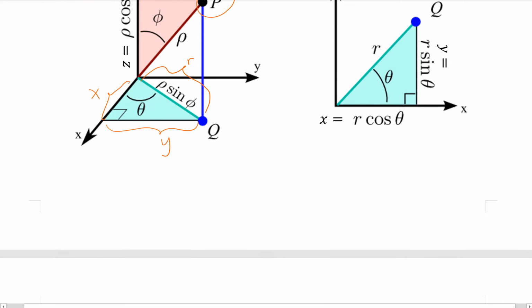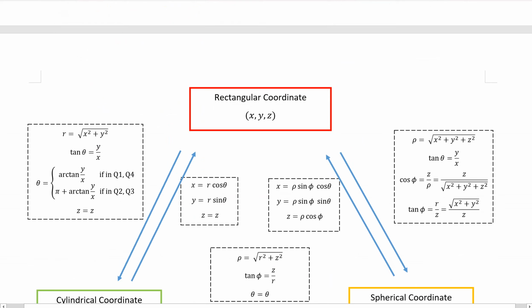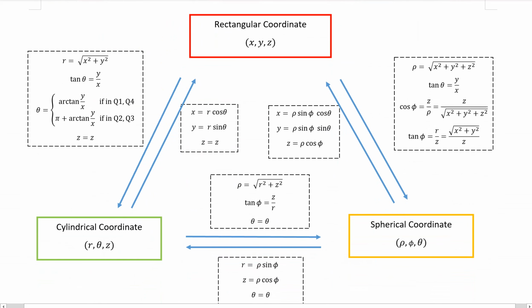Okay, and then here you can see we're going to learn three coordinates. We have the Cartesian coordinates, also called rectangular coordinates, x, y, z. We have the cylindrical coordinates, and after we talk about cylindrical coordinates and do some examples, we will talk about spherical coordinates.